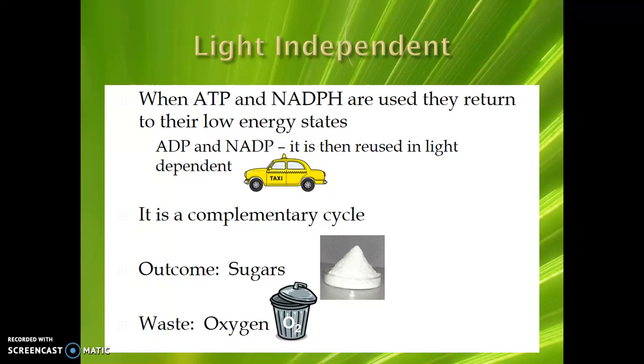Okay, so they're both reusable. We're going to send both of them back over to the thylakoid to be recharged and reused. So our outcome for the light independent are ADP, NADP, and then of course sugar, our glucose. And then we created some more garbage oxygen that we don't need as a plant.